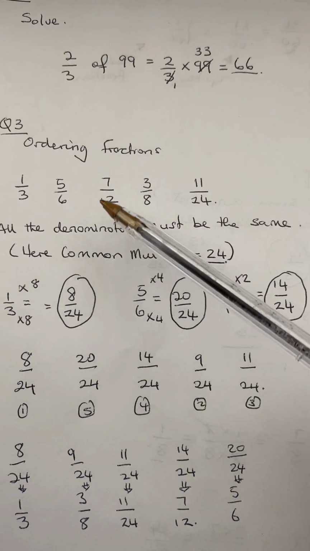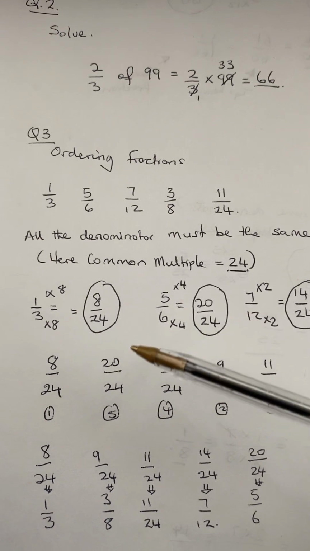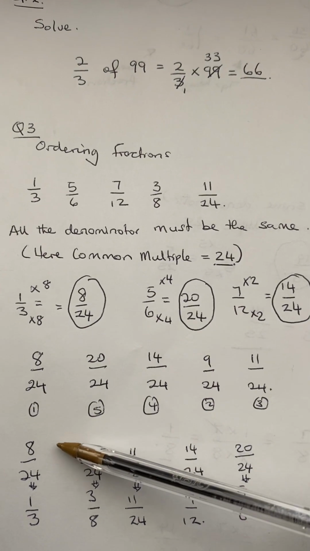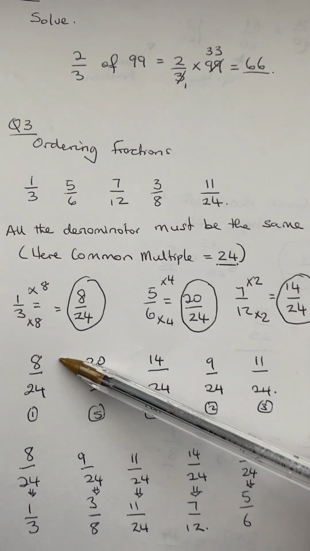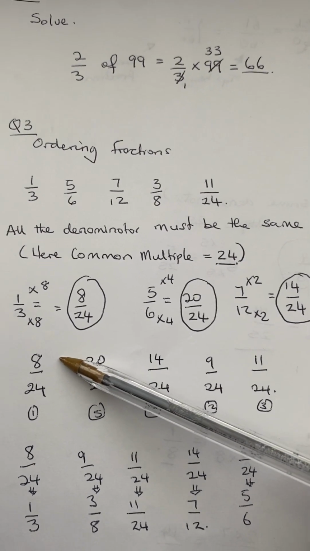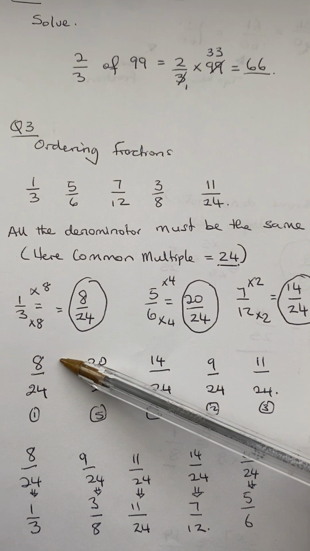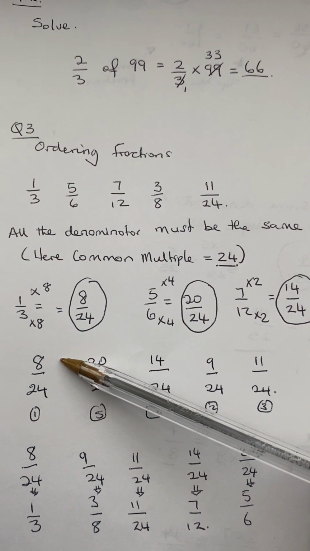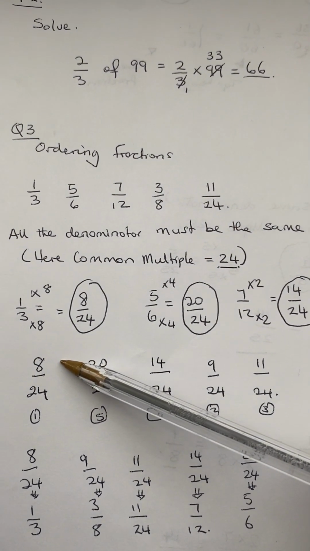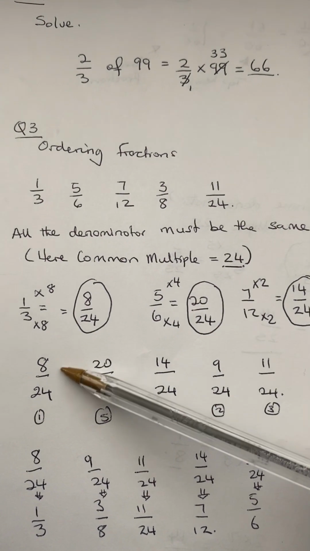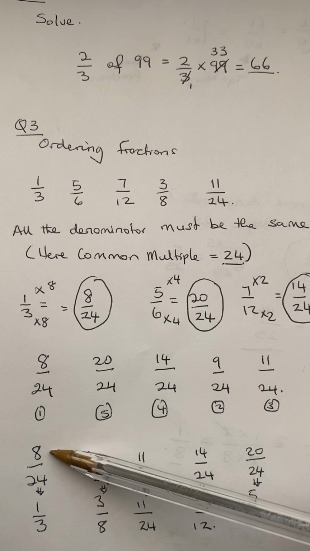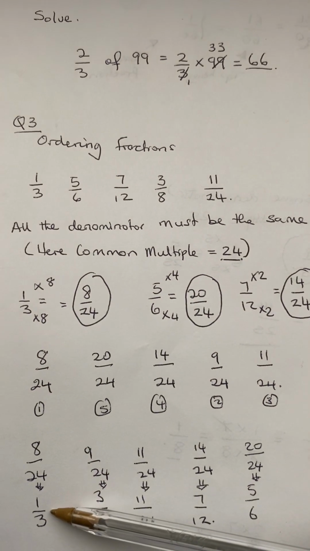But they didn't say how we should order, so we are going to order from the lowest. Even if you did it from the highest, they might give you the answer because they have not told you whether you should do it upward or downward. I hope I'm clear. So 8 over 24 will be the first one, which is a third.